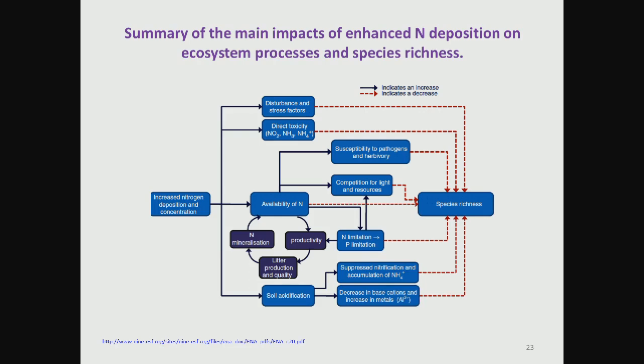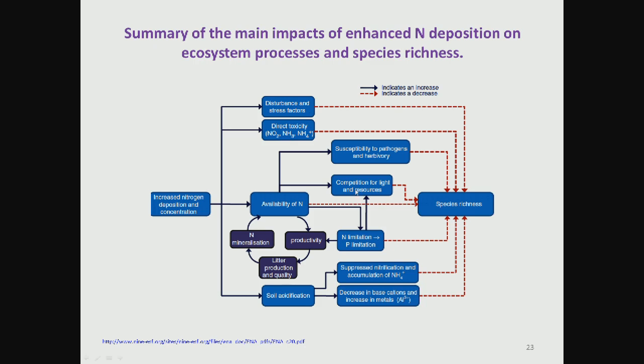So I'm obviously not going to go into all these processes because we'll be here forever and a day, but some of these I've already mentioned briefly. Increased nitrogen deposition and concentration increases their sensitivity to stress factors. It's got direct toxicity. Stress factors increase their susceptibility to pathogens and herbivores. Okay?